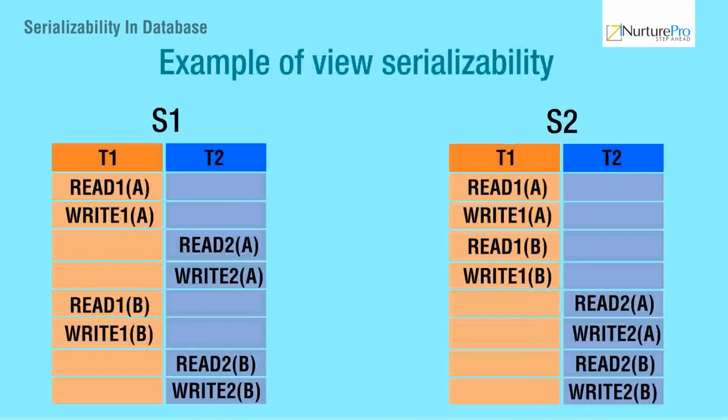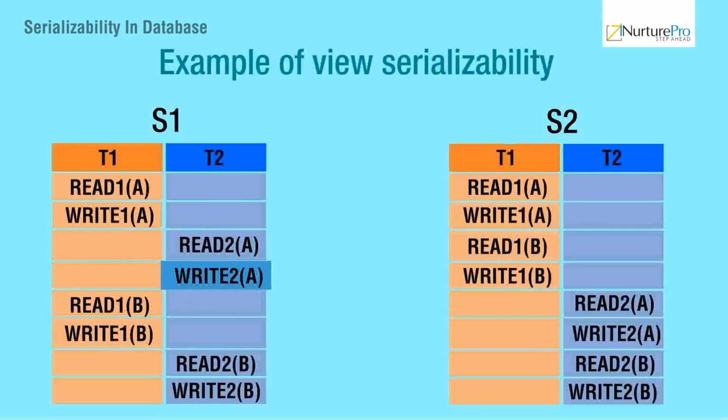Continuing with our example, T2 reads a data item A in S1 which is written by T1 in A. This is same in S2 as well, where T2 reads a data item A which is written by T1 in A. Similarly, T2 reads a data item B in S1 which is written by T1 in B. This condition is also same in S2 as well, where T2 reads a data item B which is written by T1 in B. Now the last condition is to check for the final write operation on that data item.